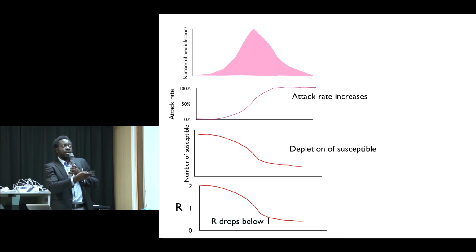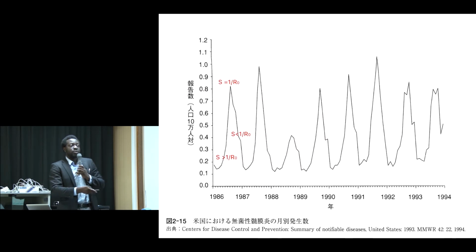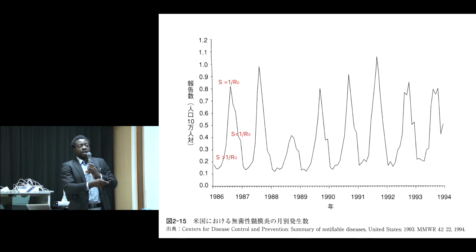So you can see the relationship between the number of new infections and the attack rate, which keeps on increasing over time, while the number of susceptible decreases and the reproduction number also decreases. And this is the reason why, in some epidemics, we have these peaks. Whenever we have an epidemic, when you look at a graph, there is a climbing phase where more and more people are getting infected.